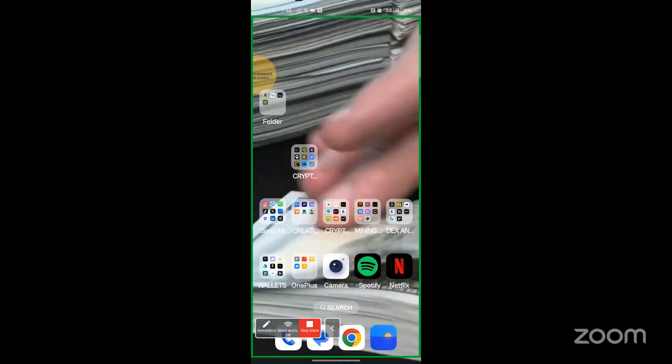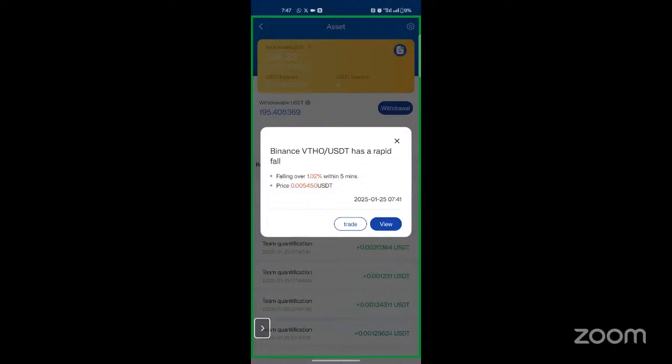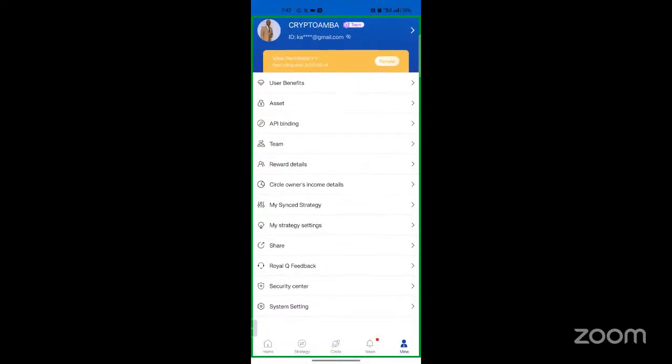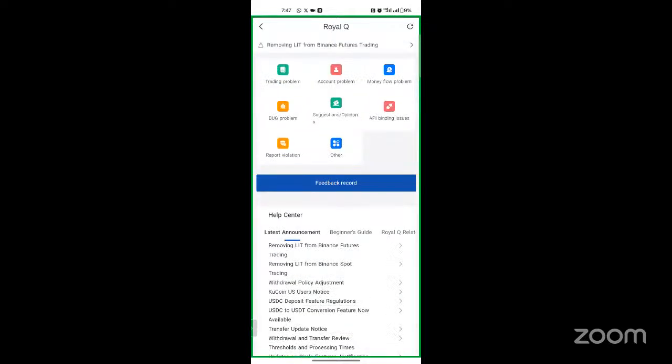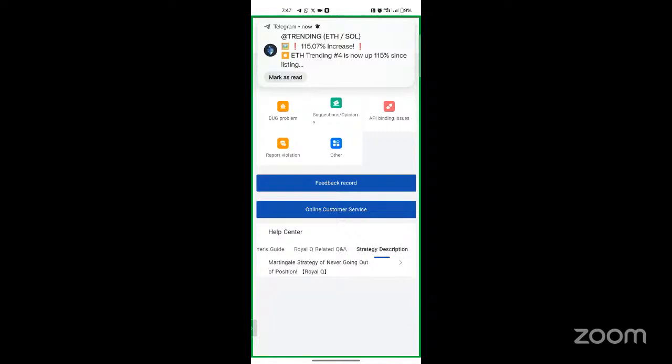I hope we are ready. I'll share my screen and explain. When you come to Royalq, and then you come to Royalq feedback, then you tap on feedback, then you tap on strategy description.